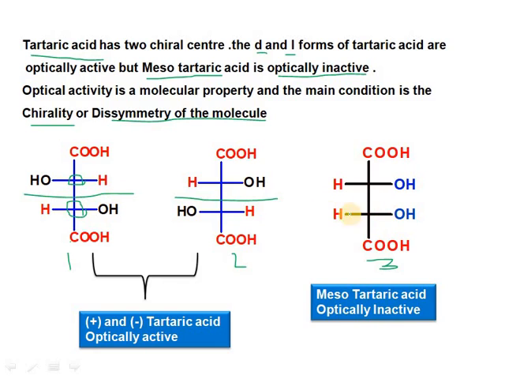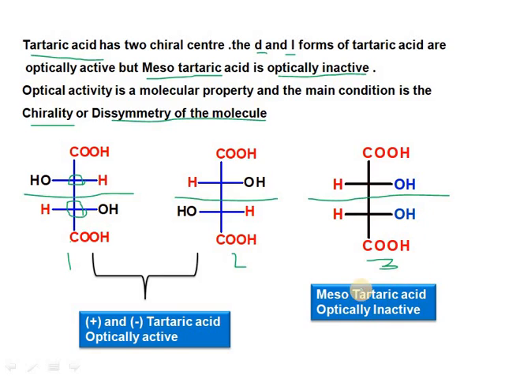But meso tartaric acid is optically inactive because it has a plane of symmetry: when we cut the molecule in this manner, these parts and those parts are similar to each other.